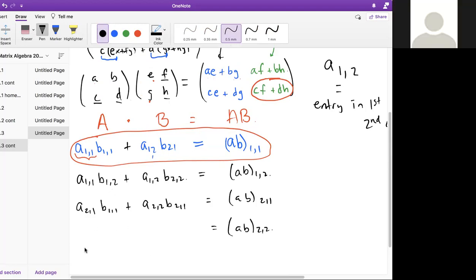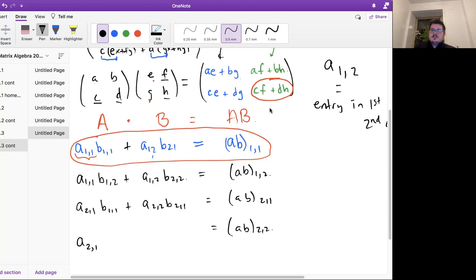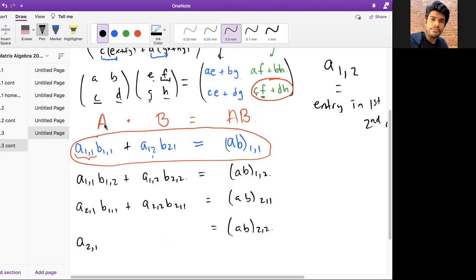So what is C? How do you read C in A? A21. And what's the subscript? 21. Yeah, that's the second row, first column. And so we multiply C times F. What is F in the index notation? B12.